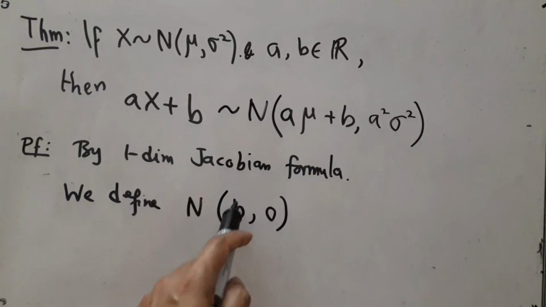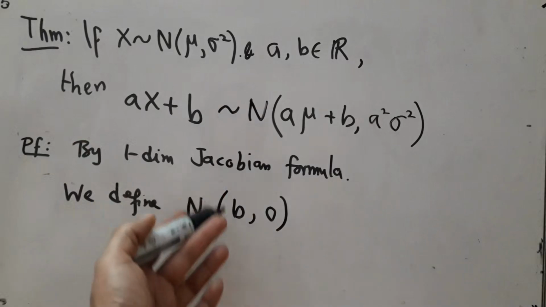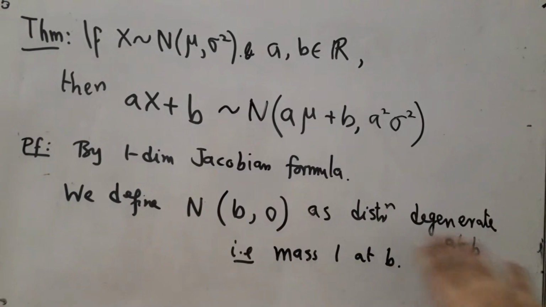So b is just any real number, but the variance is 0. Here, of course, we cannot write down the density, which had sigma in the denominator, but we define it just by looking at it. It has to be the distribution degenerate at b. By degenerate at b, I mean a random variable which takes the value b with probability 1. So it is actually just a constant.